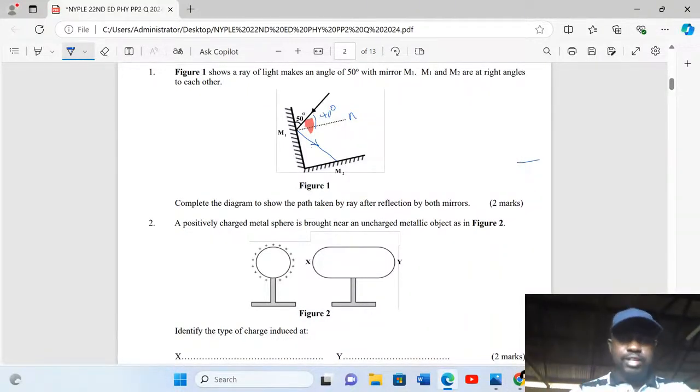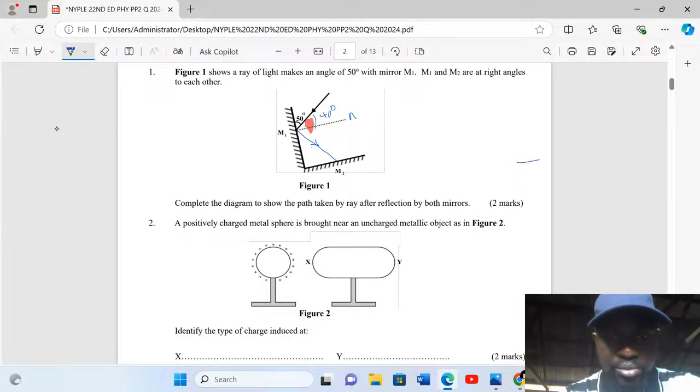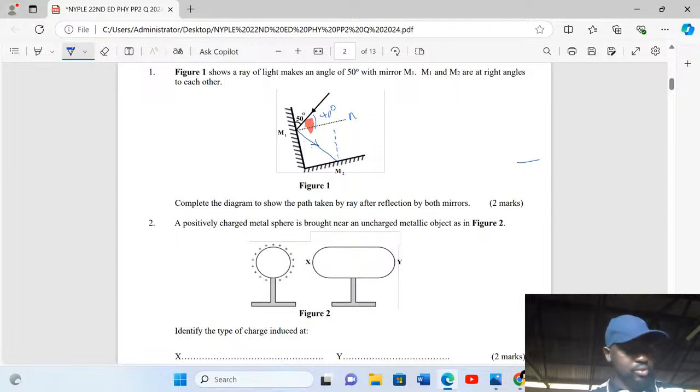This reflected ray from mirror 1 will now be the incident ray to mirror 2. Therefore, I'll draw my normal like that. That will be perpendicular to the reflecting surface, mirror 2. From the mathematics, this will be 40 degrees.